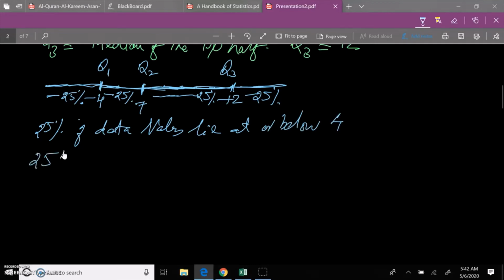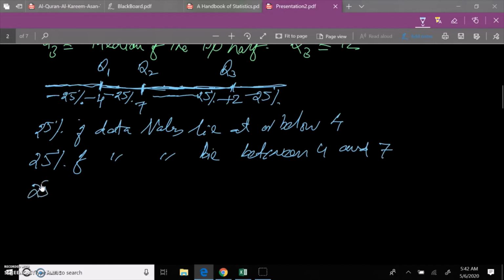Again, 25% of data values lie between 4 and 7.